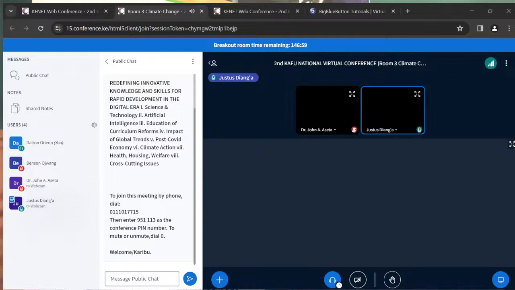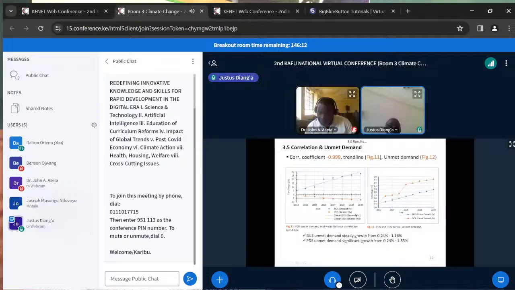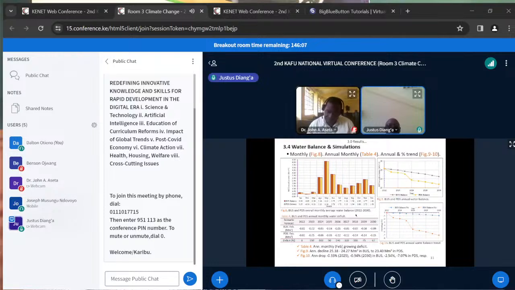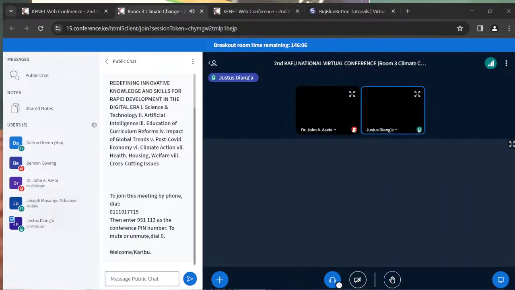We have an annual decline of water balance throughout the year in PDS and BUS, an annual drop of water in the subcatchment, as shown in Figure 9. The output of the model was further analyzed through correlation to further understand what the results mean.